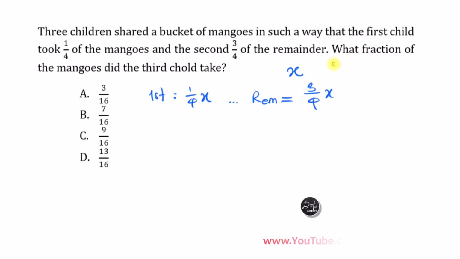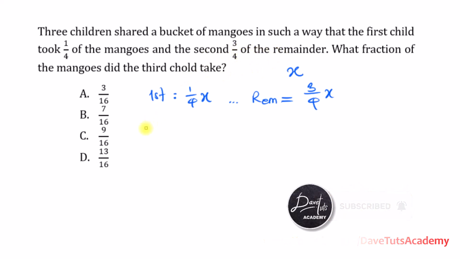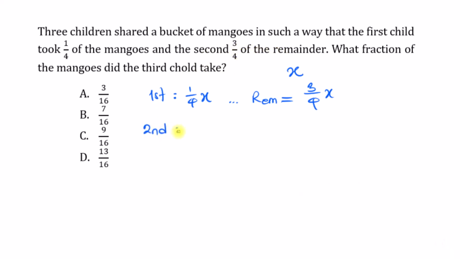Okay, now the second child is now taking 3 over 4 of that remainder. So the second child is taking 3 over 4 of that remainder, which is 3 over 4 x. I hope you get that. Okay, so they are now asking what fraction of the mangoes did the third child take.